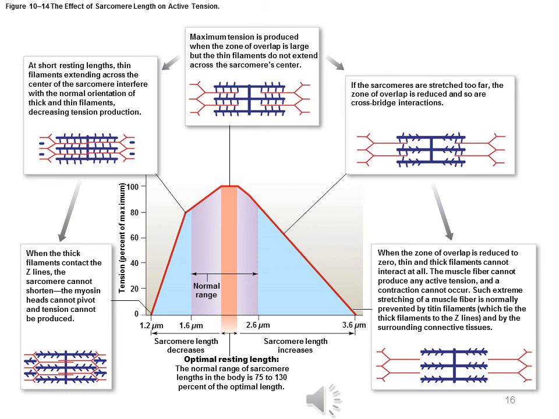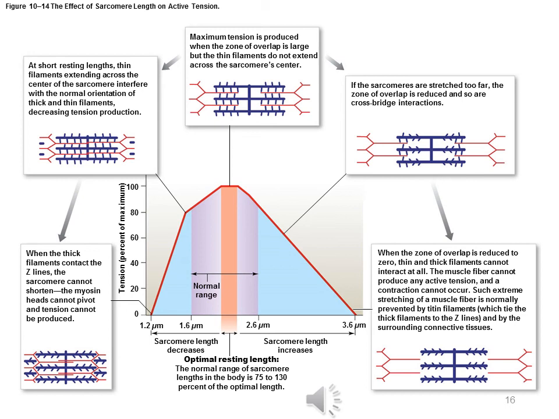So, for instance, if a sarcomere is too far stretched out, the zone of overlap is reduced, and the cross-bridge interactions, you notice they can only interact with a little tiny piece of the actin. So you cannot get as much of a contraction. If you look at that next slide on the right-hand side, you can't get any contact.